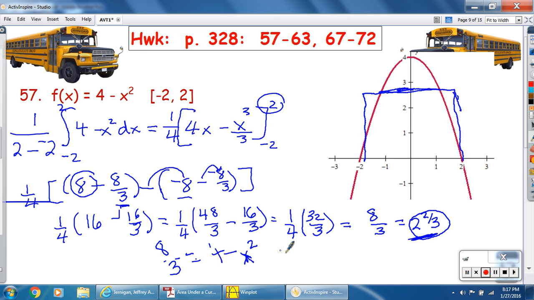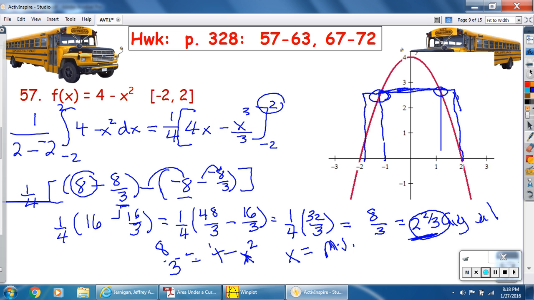I would solve that equation, and I would get two values of x, because there's a y value here on the graph and a y value here. So each of those y values has an x value. The x value is the mean value. And this is the average value.